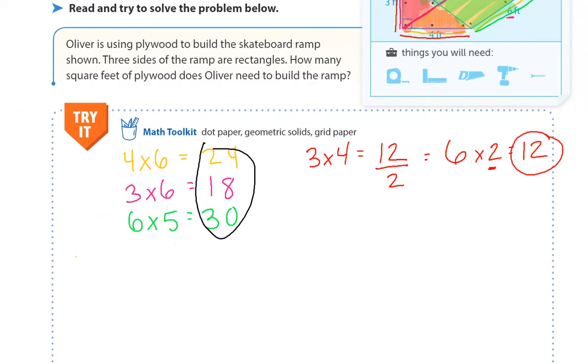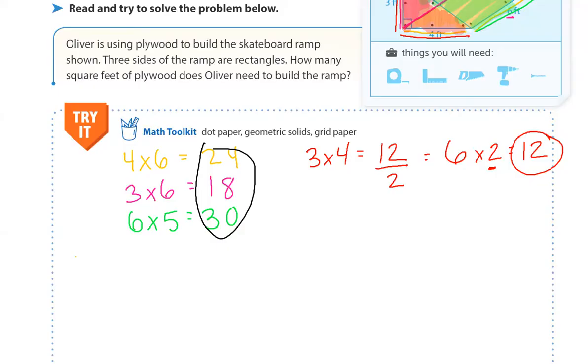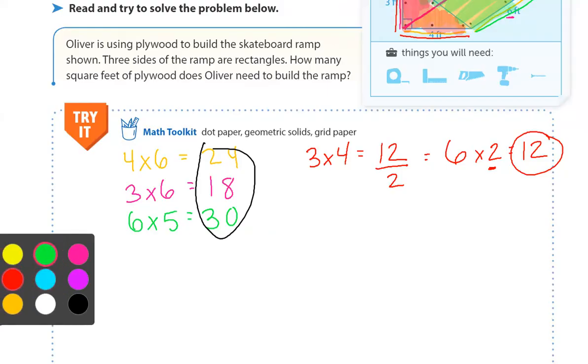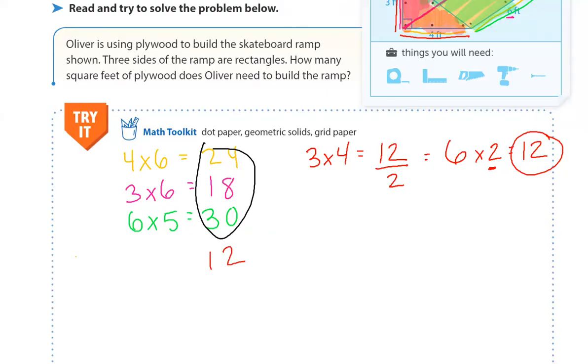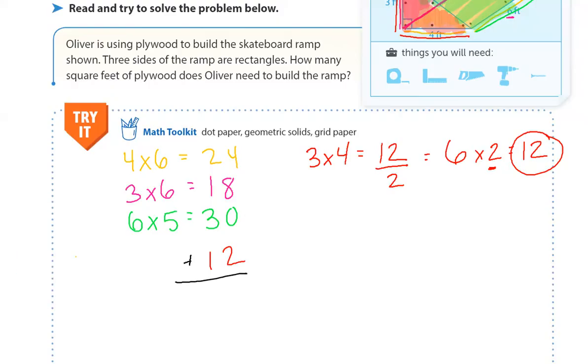Okay, so I did that together really quickly here. 24 plus 18. I'm just going to add my 12 down here, so I have them all lined up. And there we go.